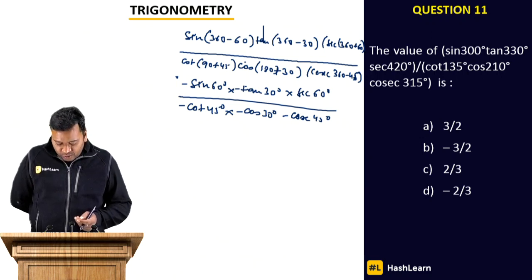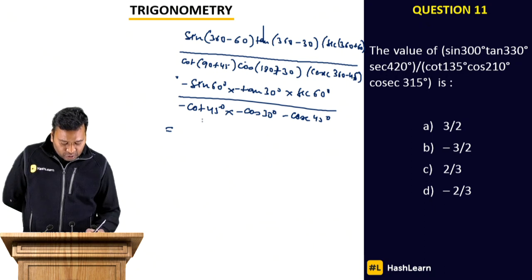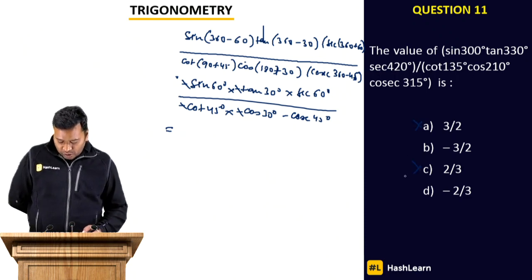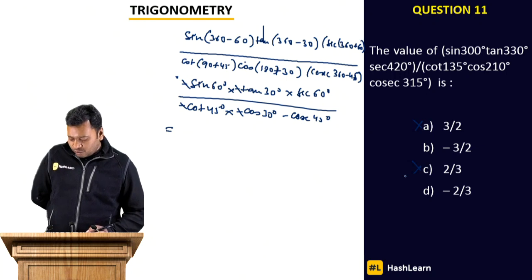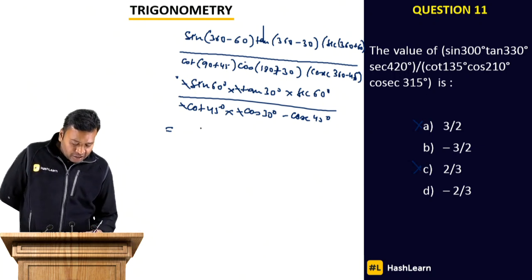So let's insert the values here. So how much is sine? So first thing is negative, is positive, negative, is positive. That means my answer should be negative. So these two options are gone. A and C is ruled out, right? It might be minus 3 by 2, also minus 2 by 3. So let's check. So sine 60 is how much?